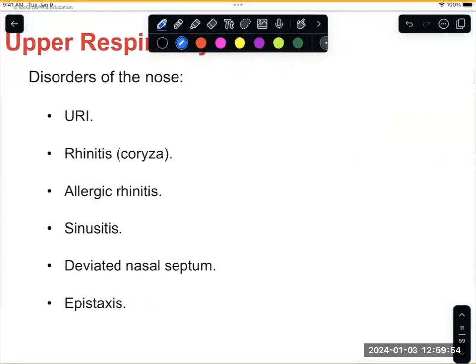Disorders of the nose. You have upper respiratory infection, rhinitis or coryza, allergic rhinitis.